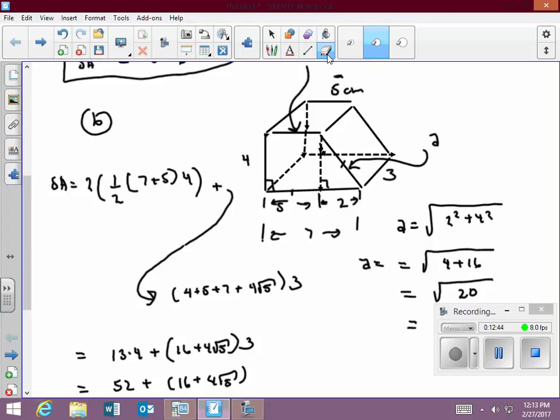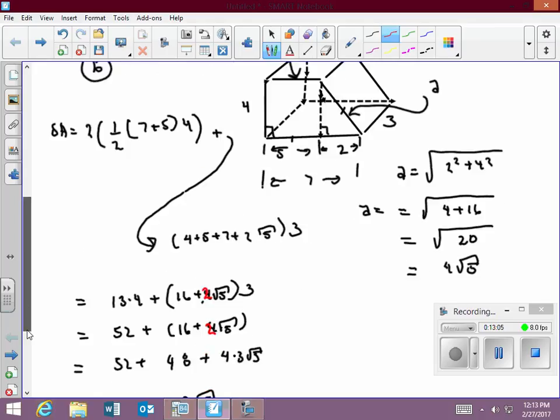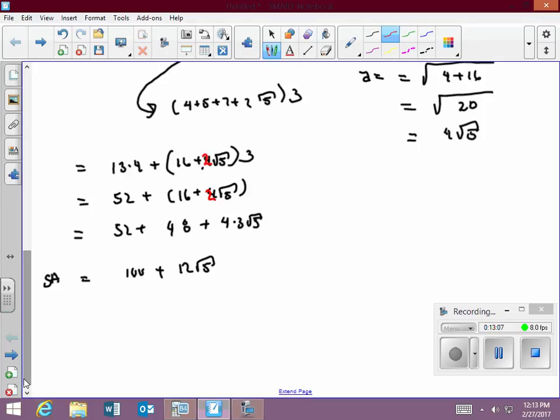This is going to be 2. So that would make this, this has got to be a 2. That's going to be a 2. This is going to be 6.